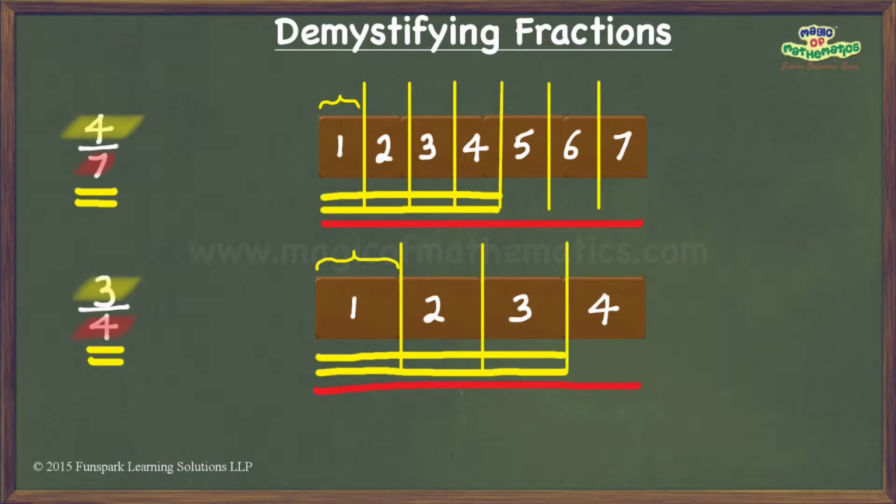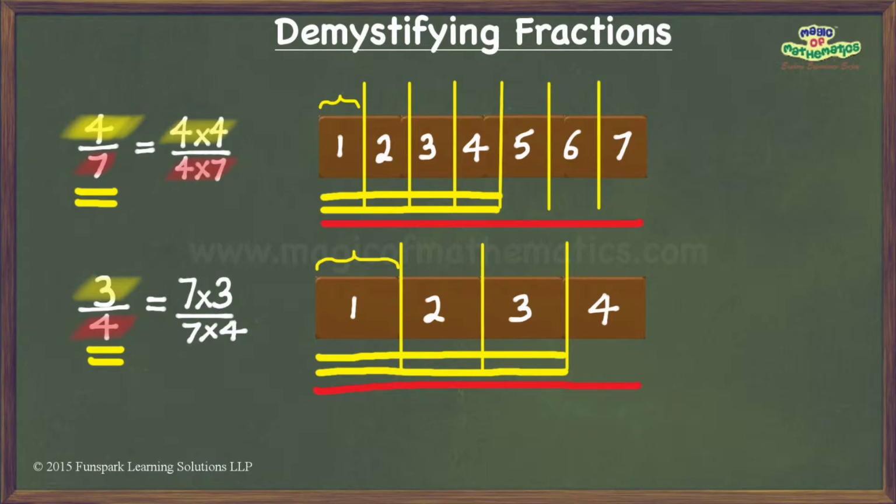If we cut each of the 7 pieces of the first chocolate into 4 equal size pieces, thereby resulting in 4 times 7 equal pieces, our original 4 pieces would become 4 times 4 pieces of the new size. In other words, we have converted our original fraction into an equivalent fraction, namely 4 times 4 by 4 times 7. Doing a similar exercise with our second fraction would yield an equivalent fraction, namely 7 times 3 by 7 times 4.